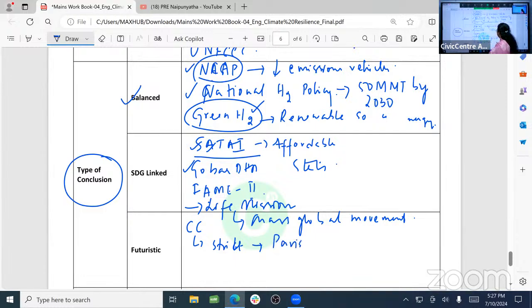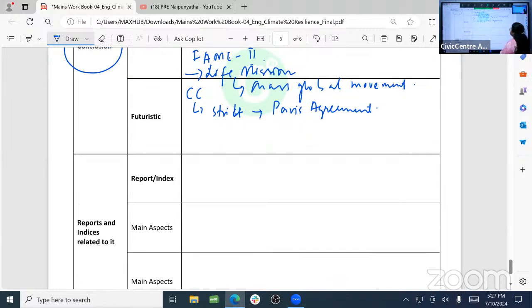Or you can also mention that India has set various targets under Panchamrit, which our Prime Minister announced during COP26. There are 5 targets.